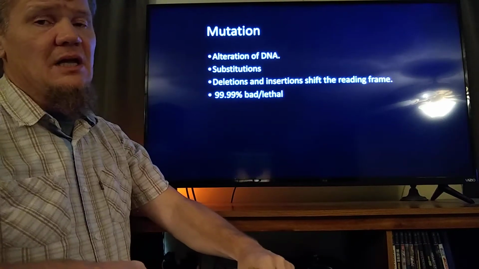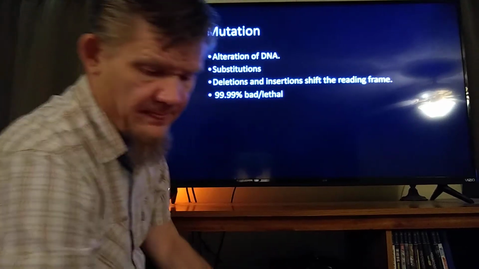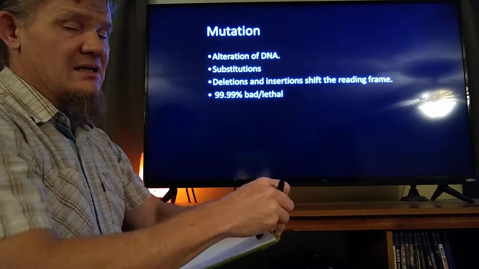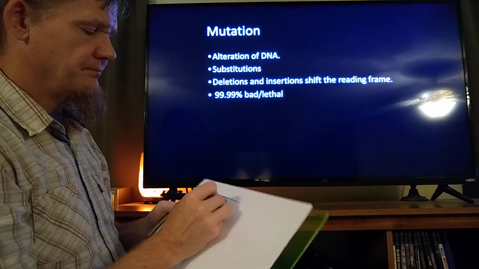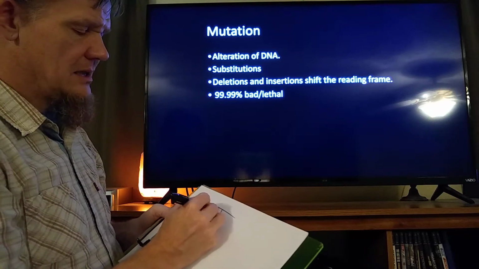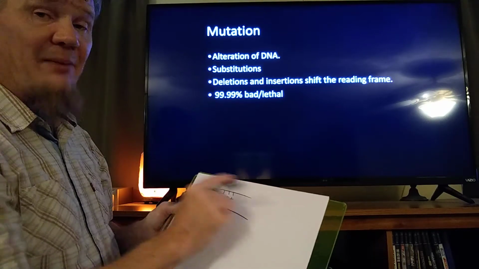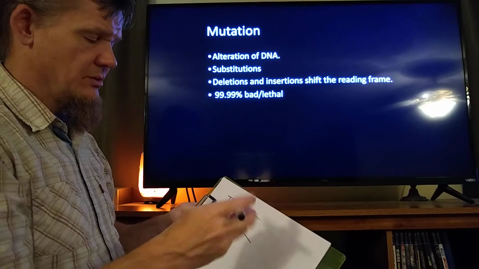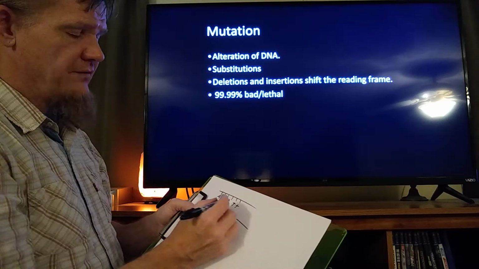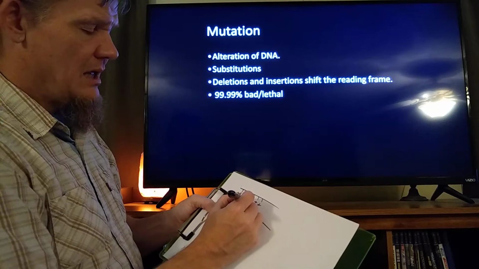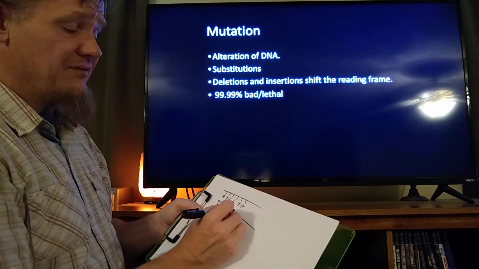A substitution is when you put the wrong base in a particular spot. So if I'm making a copy of DNA, and this is an A, T, C, G, T, T, if I make a copy of that side, I'm supposed to put a T here, and then an A, and then a G. Well, if there's an error, and this does sometimes happen, if I put a C there where there's supposed to be a G, I've now changed the code.